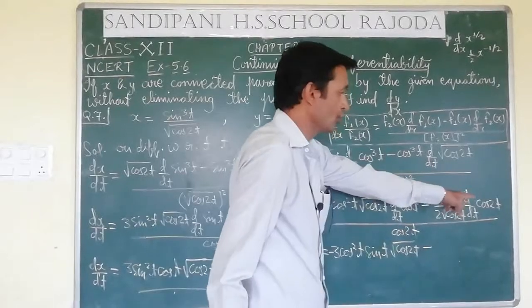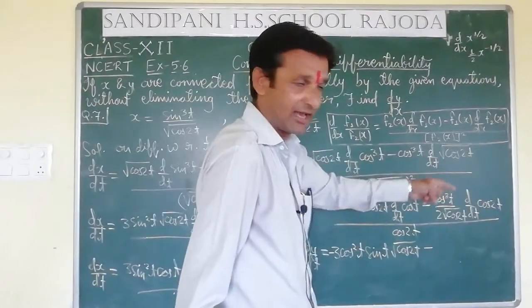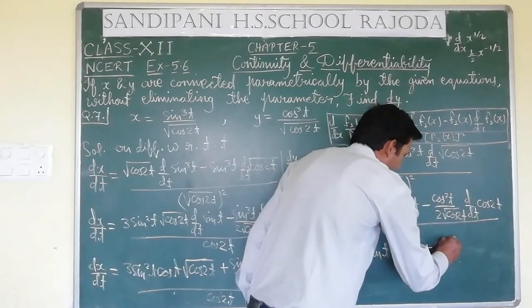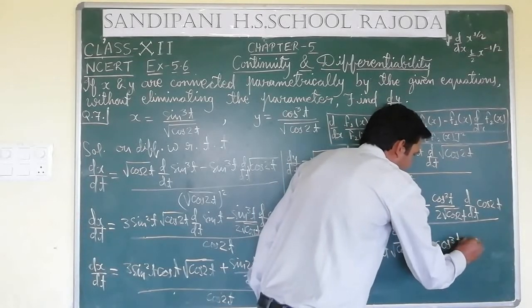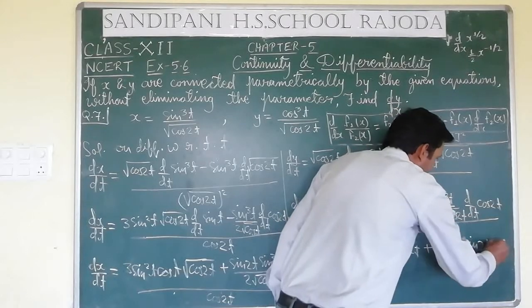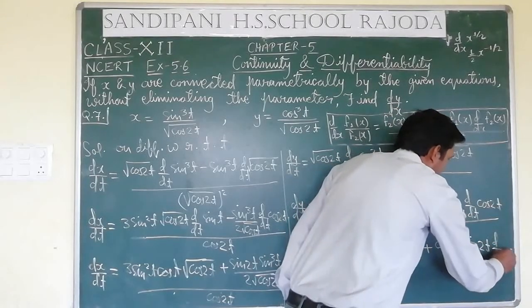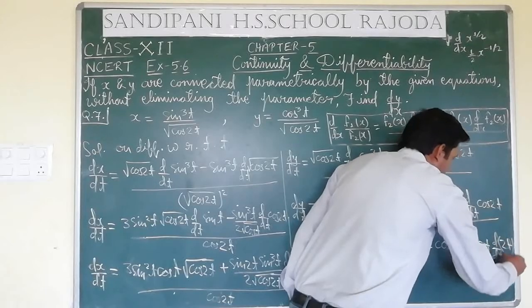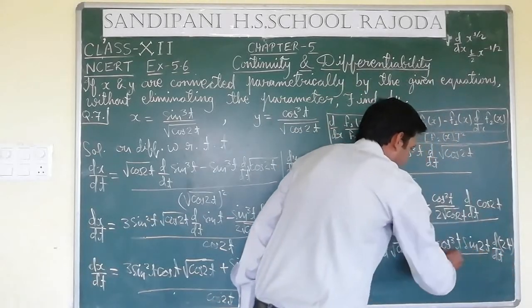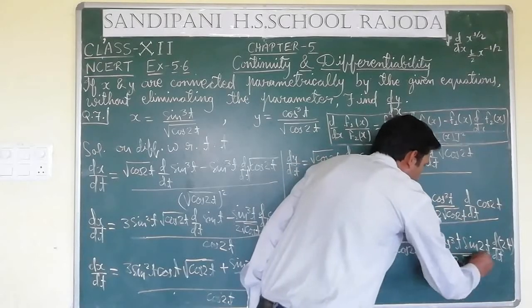Differentiation of cos 2t is minus sin 2t, so it will be minus minus plus cos cube t sin 2t and d by dt of 2t. Again we have to differentiate this 2t, and in the denominator here it is 2 root cos 2t.